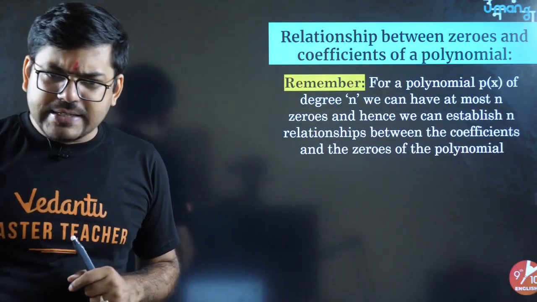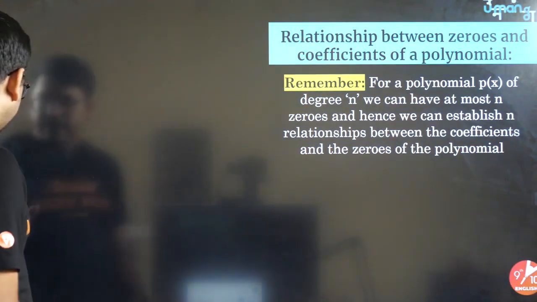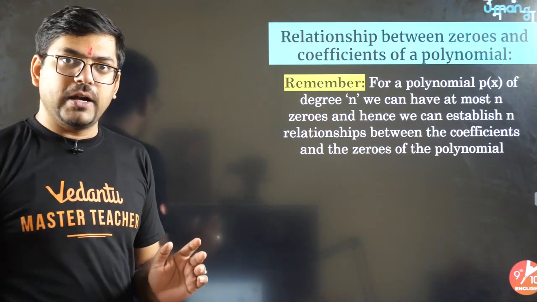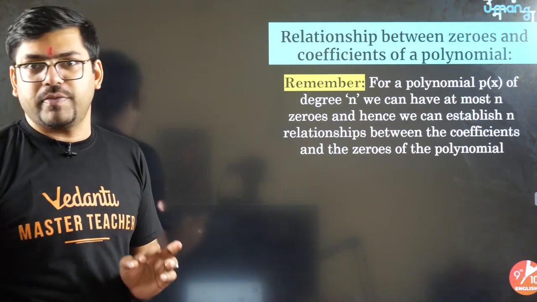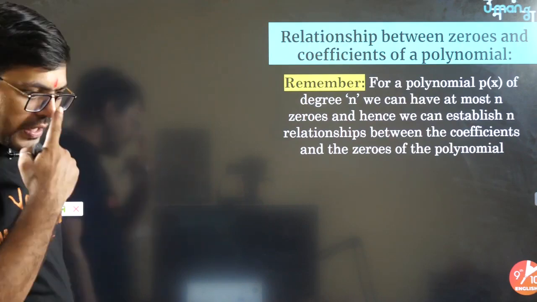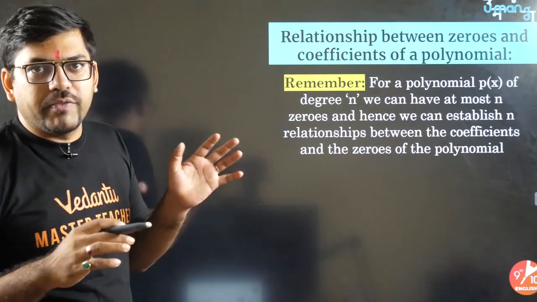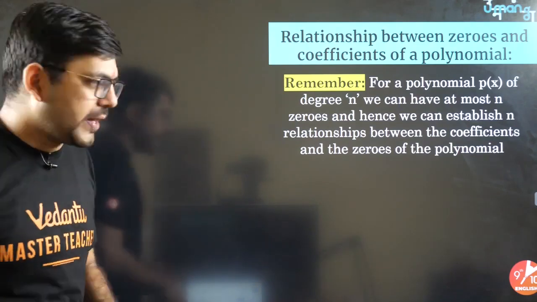Let's start with the relationship between zeros and coefficients of a polynomial. I will write it down one by one, so everyone please pay attention. This is the most important part, because a good number of questions come from here. Most of the polynomial part we have to study is about the quadratic equation.